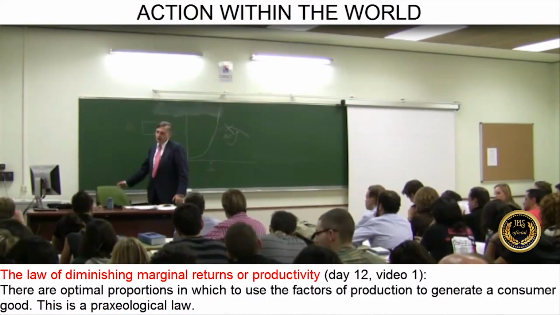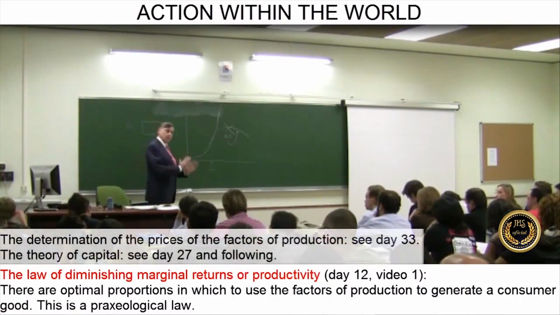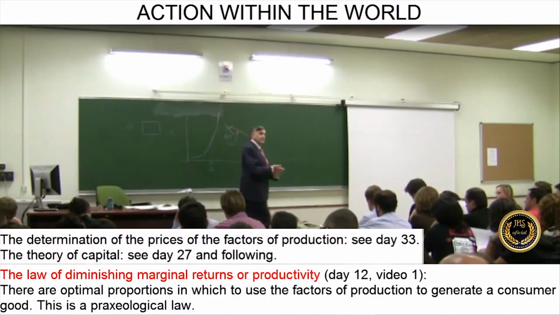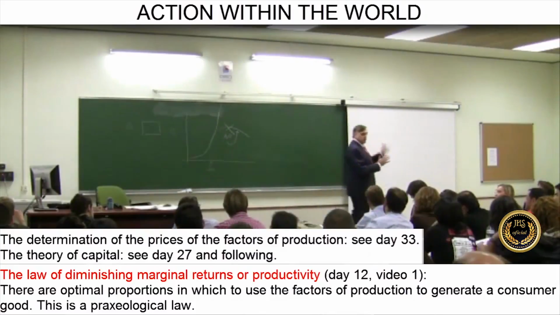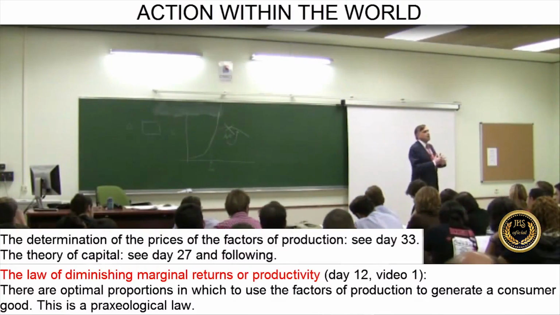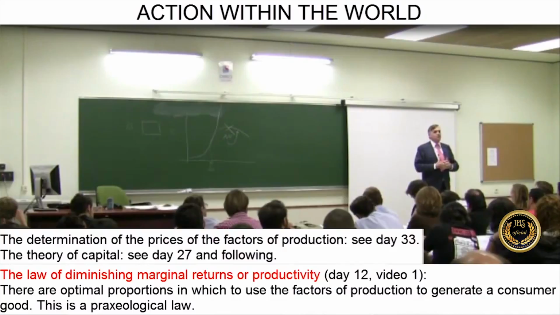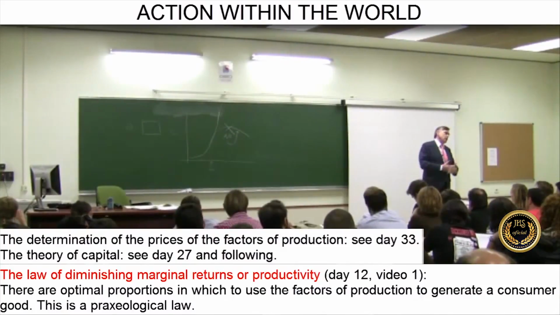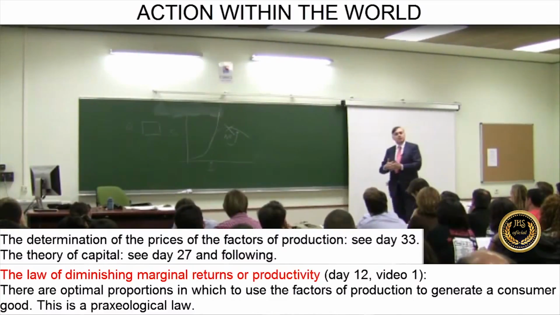Without this law, we could not understand, 2 months from now, how the price of the factors of production is determined. What determines the price of the labor factor of production? Wages. What effects follow from an increase in the population or an increase in the well-invested capital workers use?